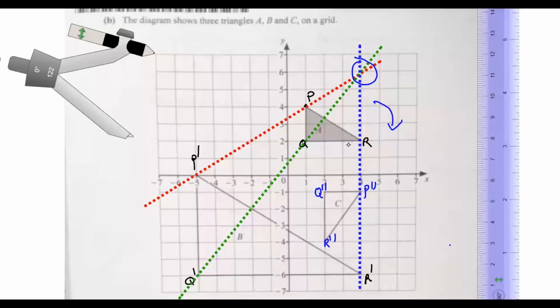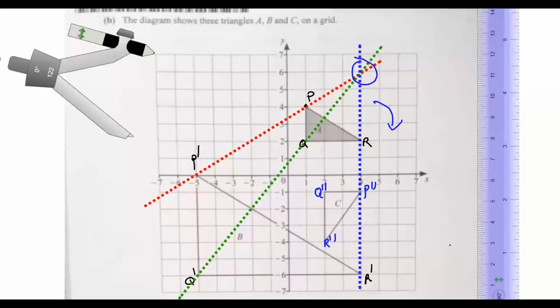To do this, we are going to join two corresponding vertices together and bisect it. Then we can do the same for two pairs like that. Where the two bisectors meet is the center of rotation. So I'll start by joining Q and Q prime prime.